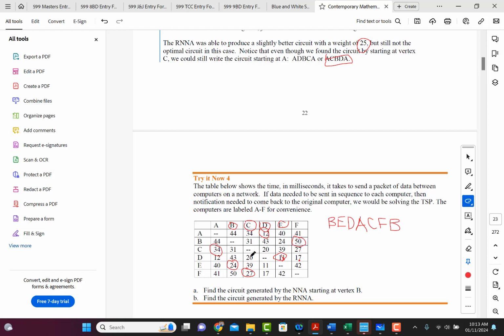Okay. So if we add up all of these times, right? So let's see what we get. We get 30, 50, 58, 78, 65, 77, 88. I get 138 milliseconds if I add it right.